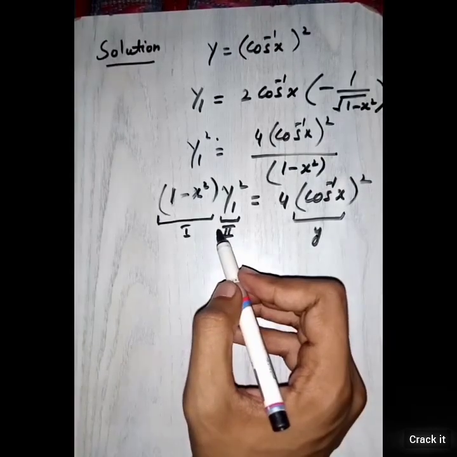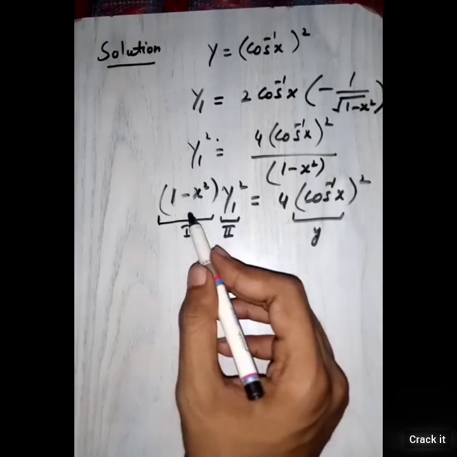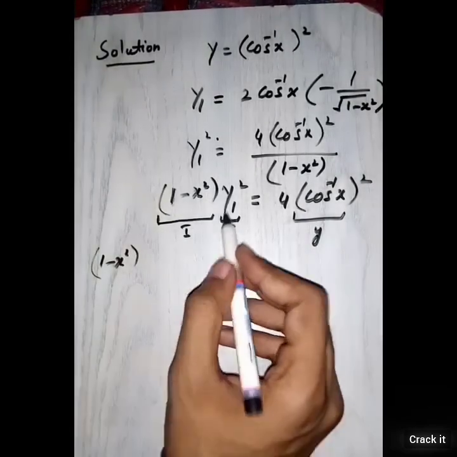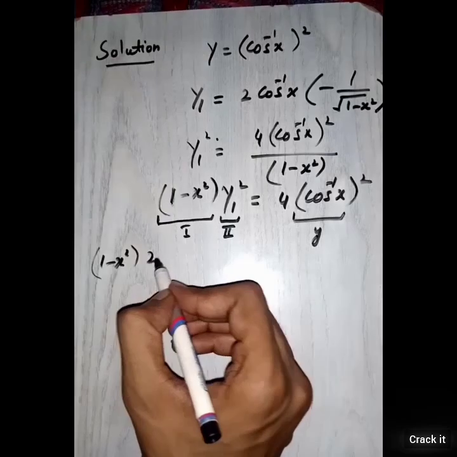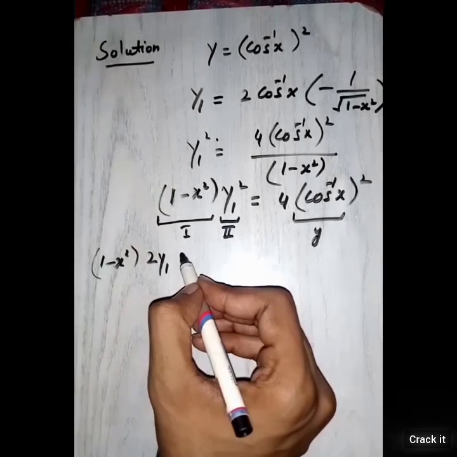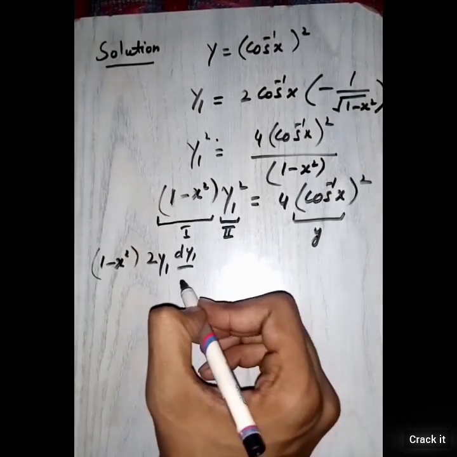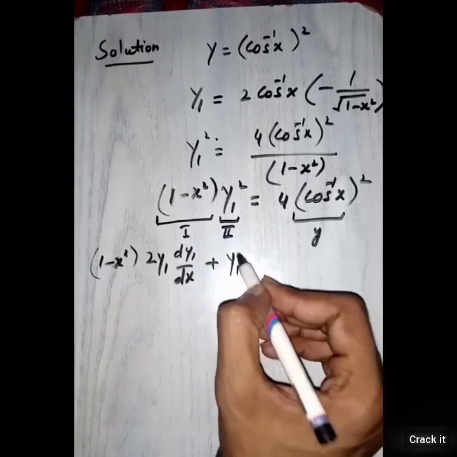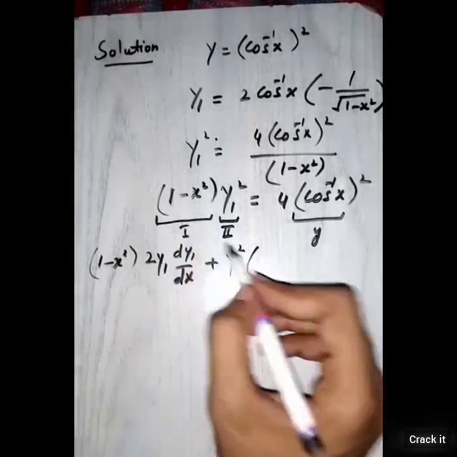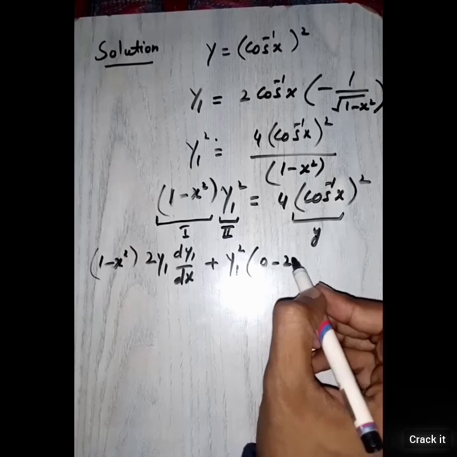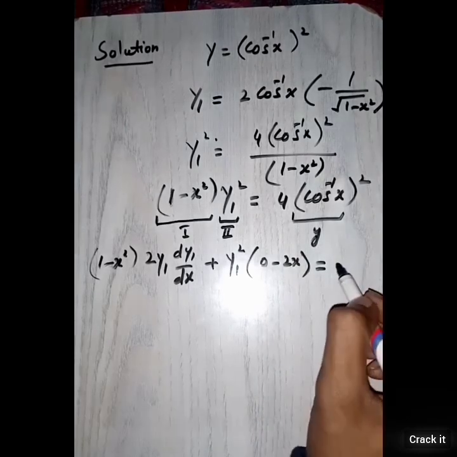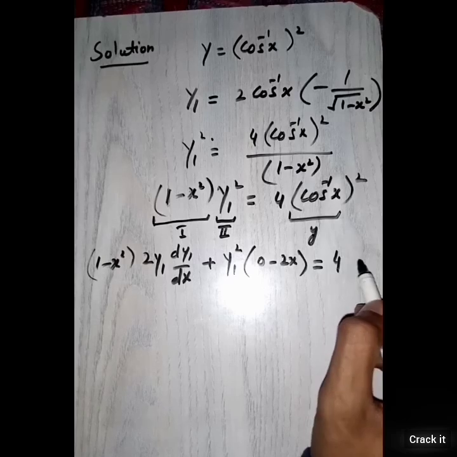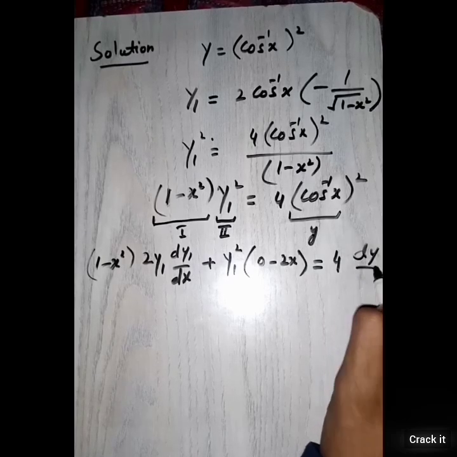Now when we again differentiate this equation, it becomes first function as it is, derivative of the second function, plus second function as it is, derivative of the first function, equals, as this 4 is taken out as constant, and here we will have dy over dx.